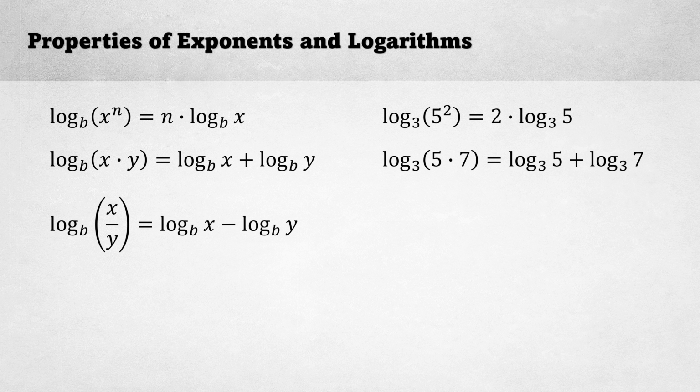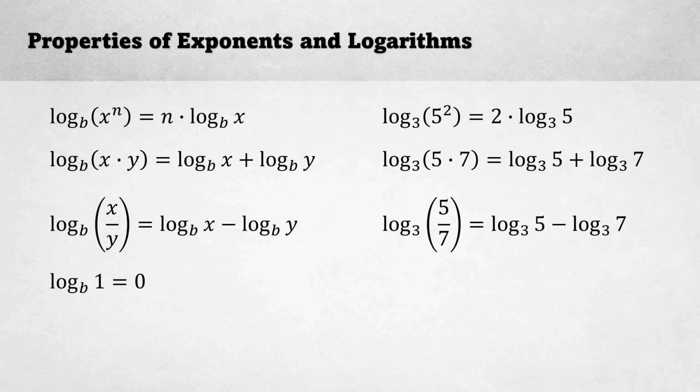Log base b of the quotient of x and y can be expressed as log base b of x minus log base b of y. This is called the quotient rule of logs. For example, log base 3 of 5/7 can be written as log base 3 of 5 minus log base 3 of 7. Log base b of 1 is 0.